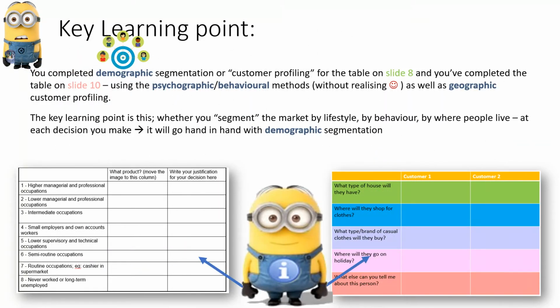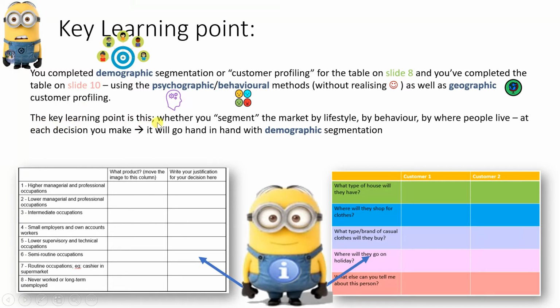So let's go over that key learning point, because there's quite a bit we've gone through, but you've actually gone through it by doing it, which is the best way to learn this segmentation lesson. So on your key learning point, you completed demographic segmentation or customer profiling for the table on slide 8, and you've completed the table on slide 10 using the psychographic and behavioural methods without realising, as well as the geographic customer profiling.